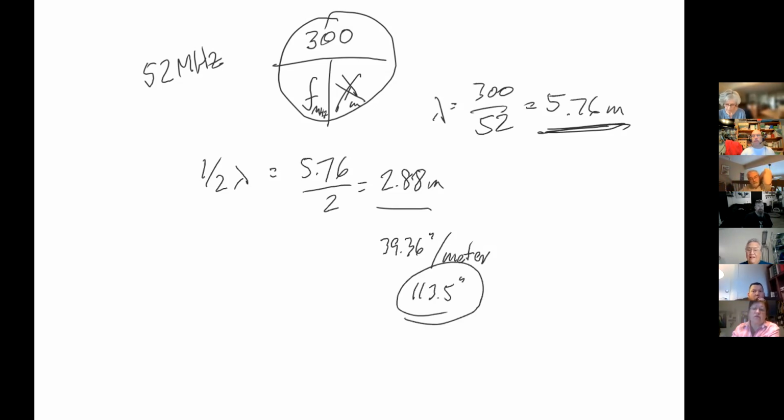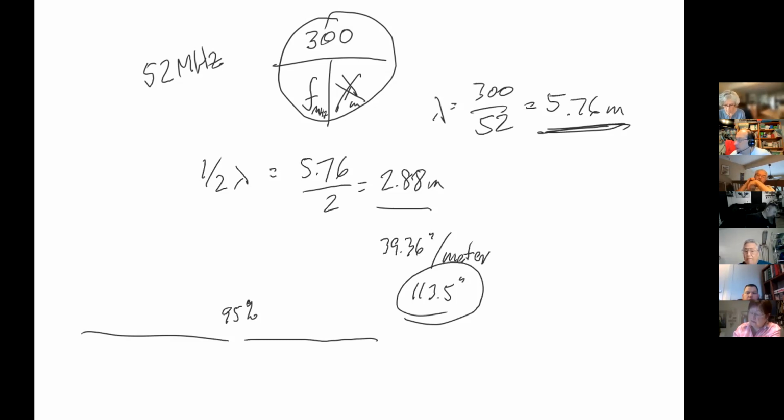But if I were to make this antenna, I would find that it was physically too big. Way too long. The reason being that when you actually start making antennas, you will find that you have to take whatever length you get and take 95% of it. You actually have to shorten it slightly.